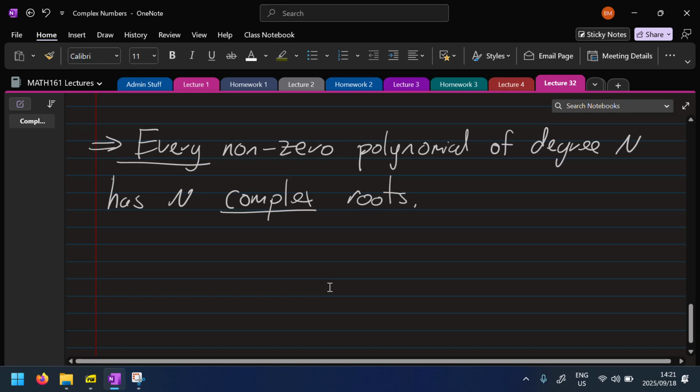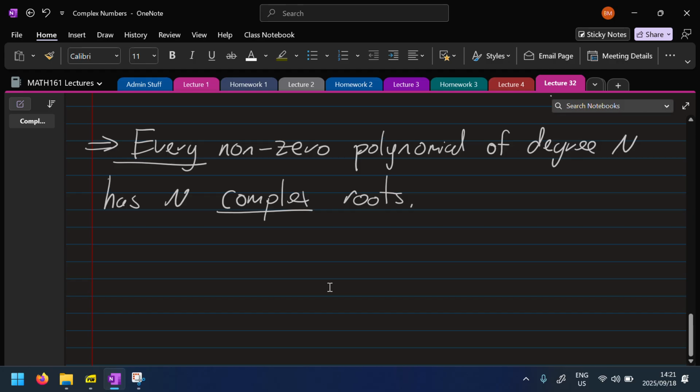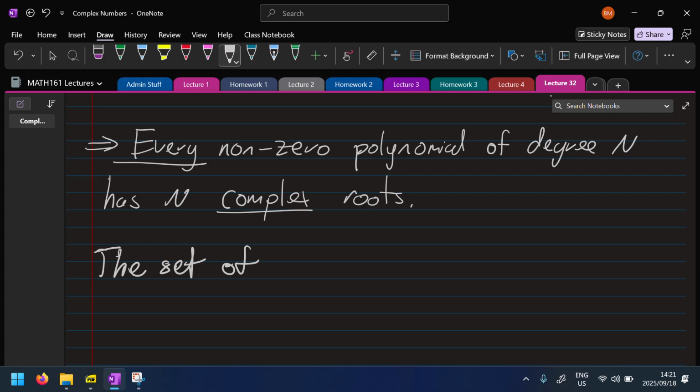So let's define the set of all complex numbers. You're familiar with the set of real numbers, the set of rational numbers, and so on. Now we have the set of complex numbers.